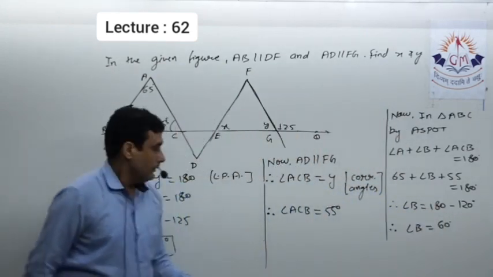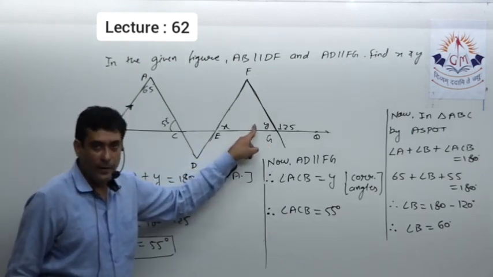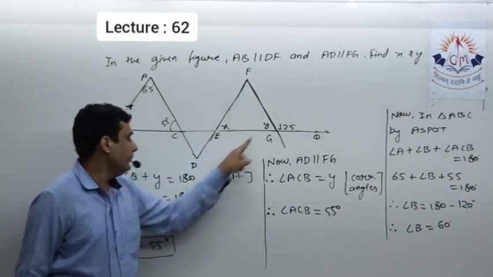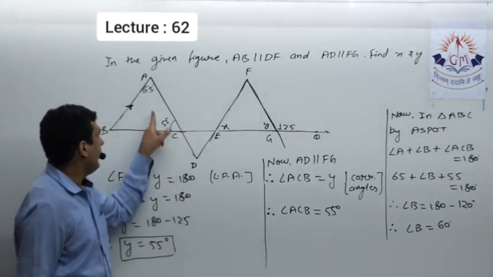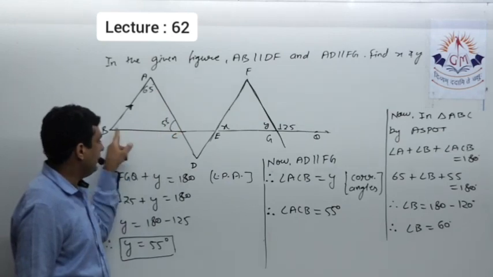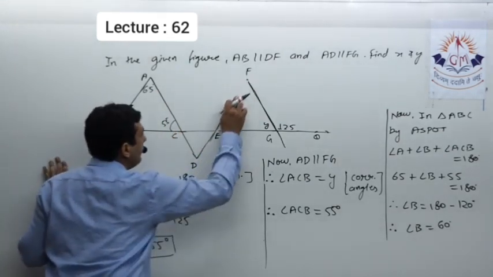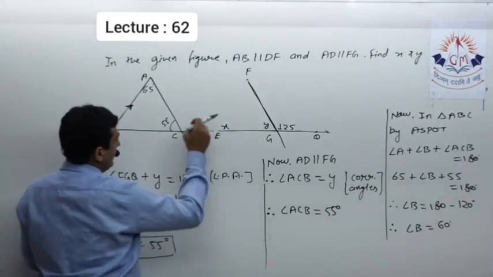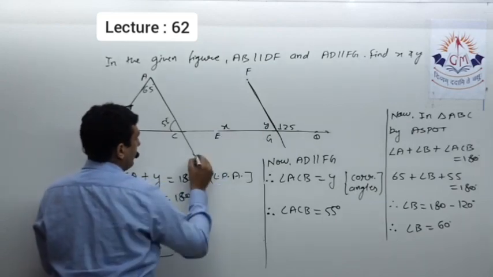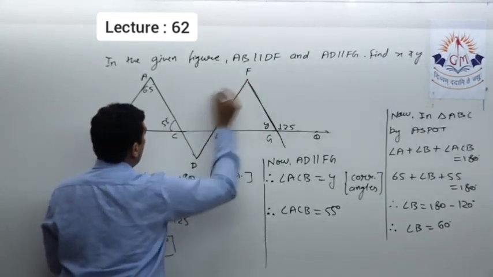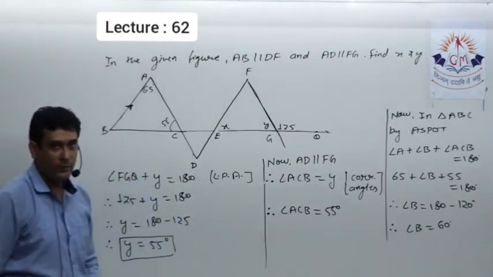Okay, again I am repeating. First I got the value of Y by the linear pair axiom, that is 55 degrees. Now Y and this angle ACB are corresponding angles. I showed you by removing this line, now it's very clear, because these two are parallel lines and this is a transversal. So I obtain the measure of angle ACB, that is equal to Y, that is 55 degrees.